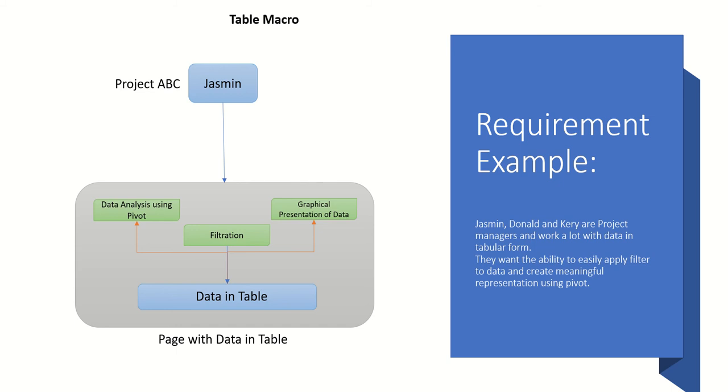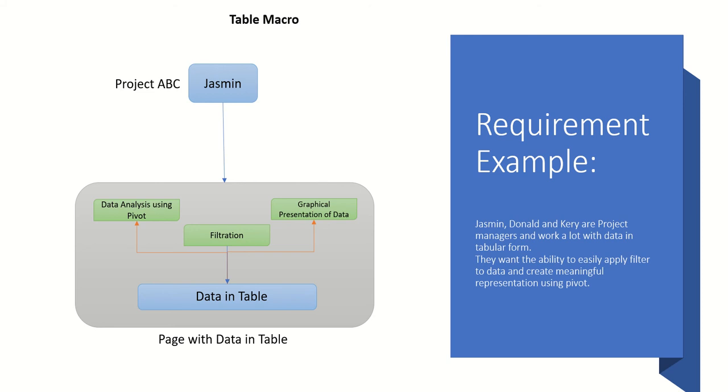For example, they may have a huge amount of data, not that huge, like 10,000 rows, but if a project manager has maybe 100 or 200 lines of data, rather than navigating through the entire rows, they want a filter applied on top so that they can just filter out the data they want, right?